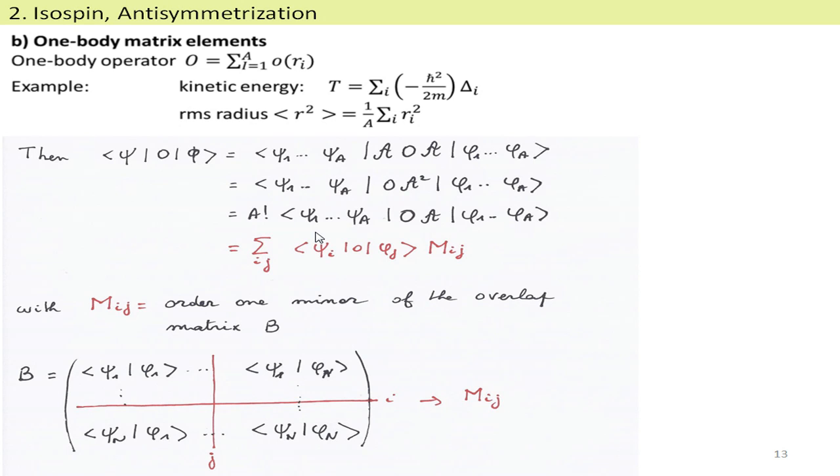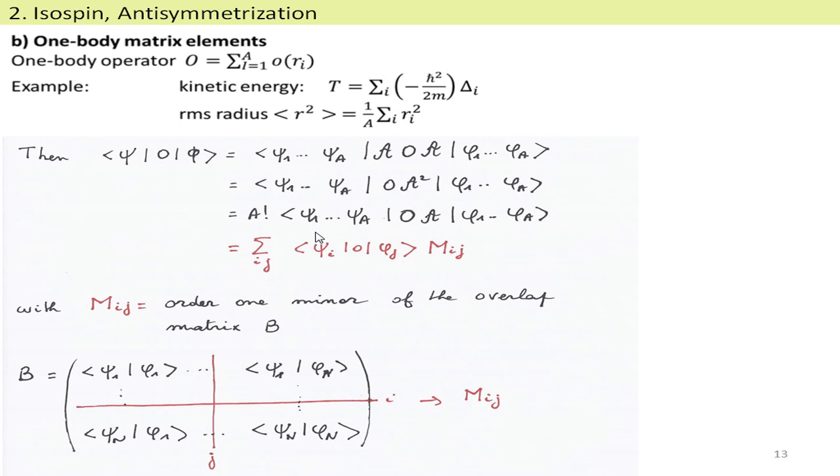And so this is a little bit more complicated than the overlap, but it's rather easy to show that this matrix element is a double sum of individual matrix elements times what is called the minor of the overlap matrix. So the overlap matrix is just the matrix I've shown before. It's a matrix with the different overlaps.